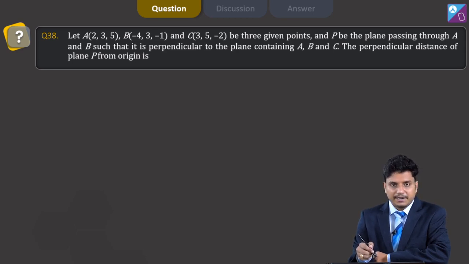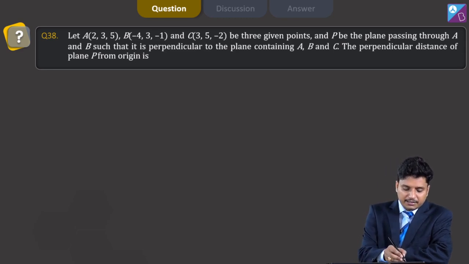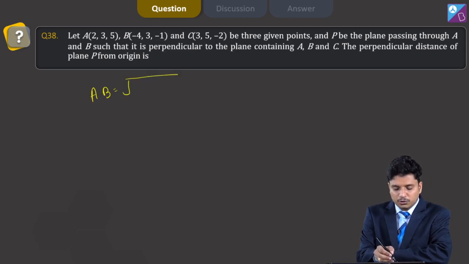So if we have to find the distance from the origin, then we have to find the equation for that plane. What we can observe here is that this AB distance is actually 2 plus 4 whole square, that is 6 square, 3 minus 3 whole square, and 5 plus 1, that is 6 whole square.